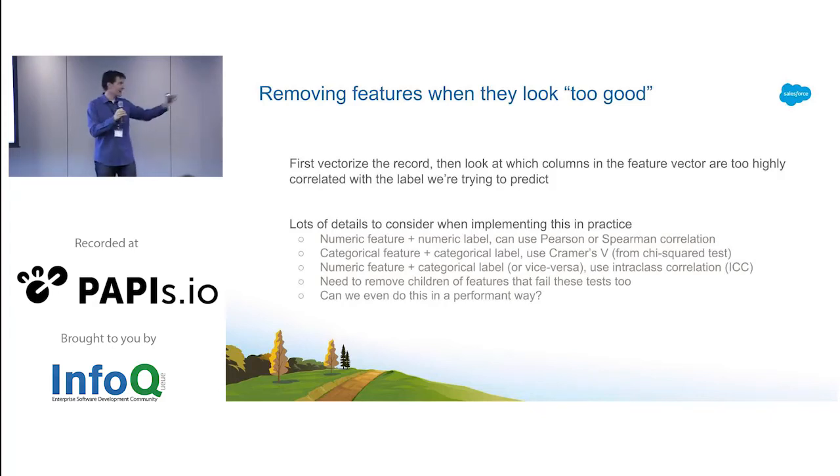So we have to do some graph traversal to figure out which features downstream we remove. Being able to do this in a performant way is not just a given. The answer is we can. It's a little bit expensive to do, but it is possible and it is necessary. So we do it, but it's not necessarily cheap.